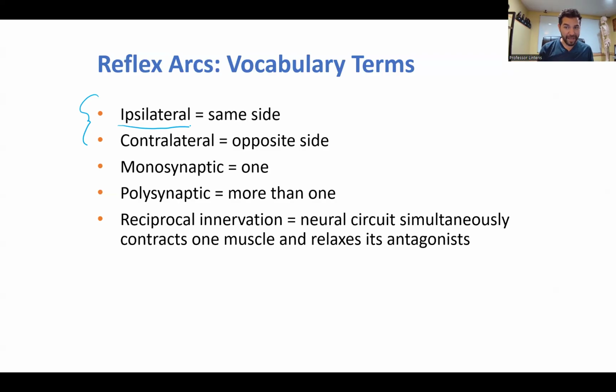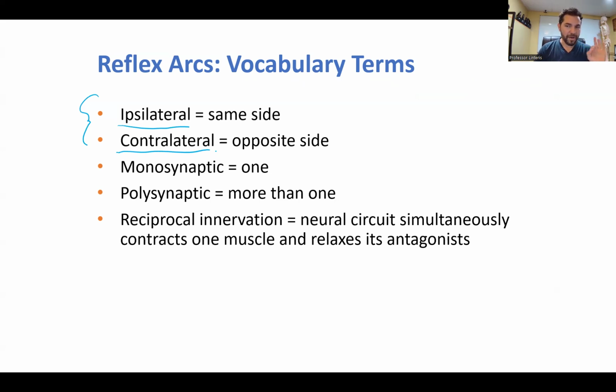A contralateral response means that the stimulus is on one side, but you have a response, usually on the same side, as well as on the opposite side. So contralateral refers to opposite sides, and we will see a flexor crossed extensor reflex in lab that highlights that.